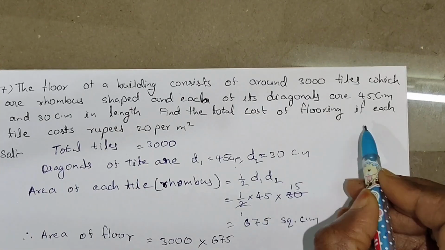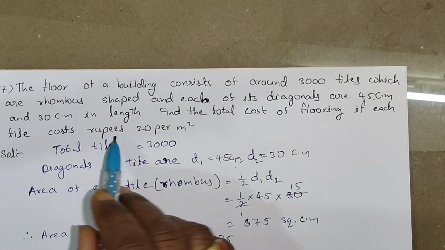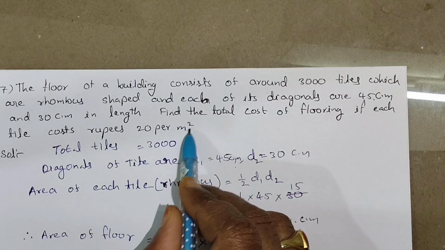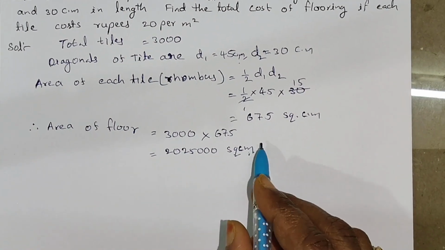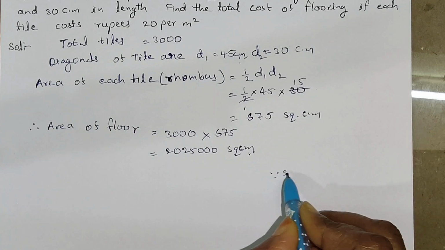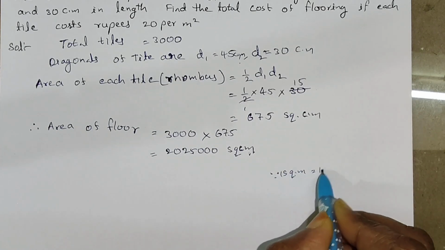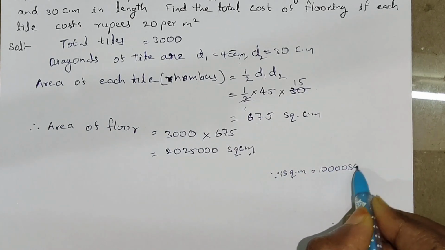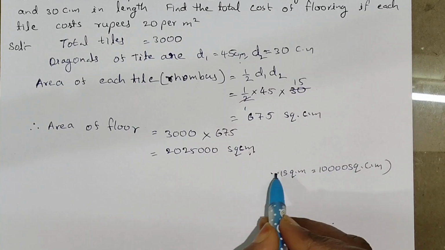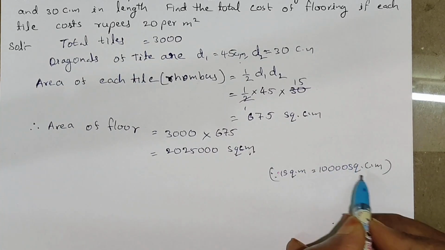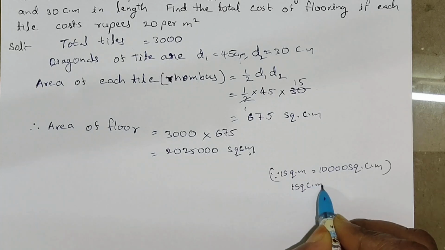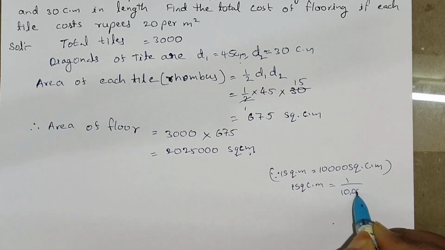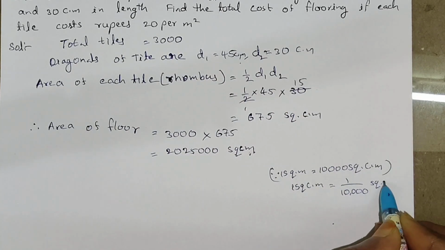But the cost of each tile is given as 20 rupees per meter square. So that's why the centimeter is converted into meters. 1 square meter is equal to 10,000 square centimeters. So 1 square centimeter equal to 1 by 10,000 square meters.